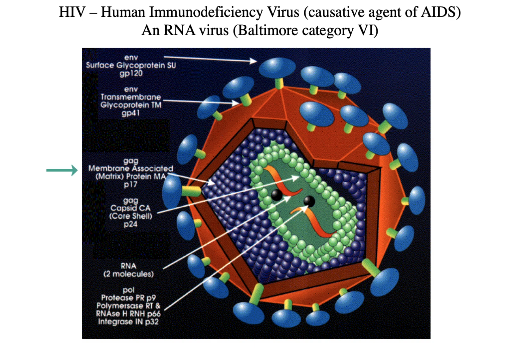Inside of that is a matrix protein surrounding the capsid protein, and then inside of that are 2 copies of the genome, a single-stranded RNA, as well as a polyprotein, part of which is the protease, and then reverse transcriptase, RNase H, and integrase.